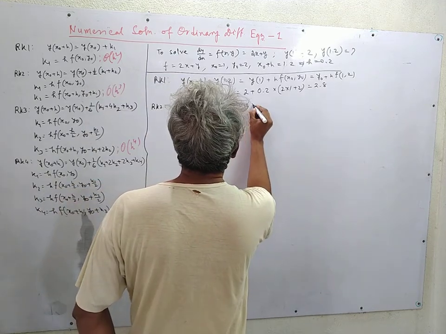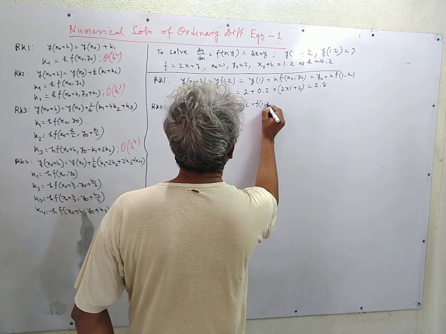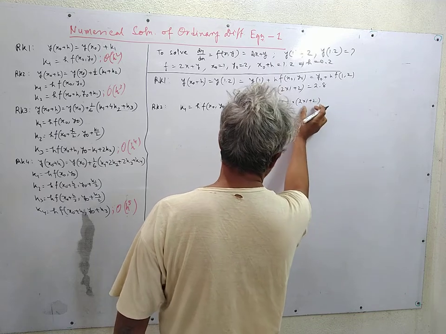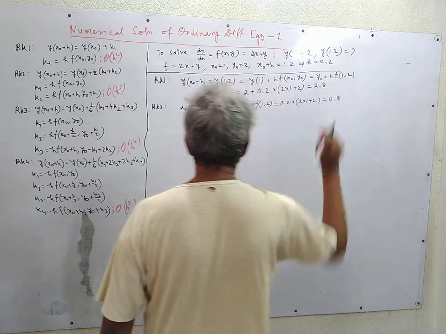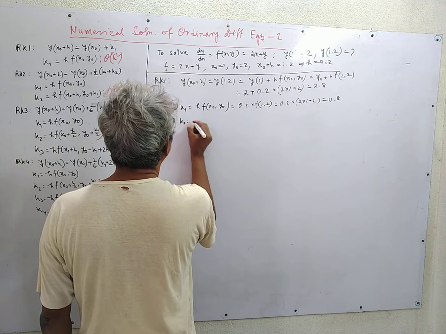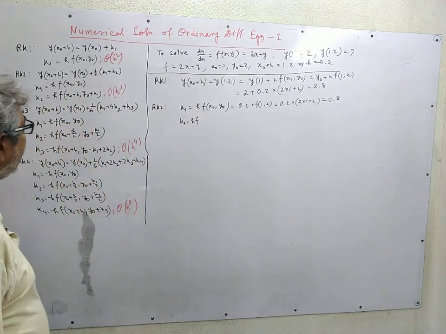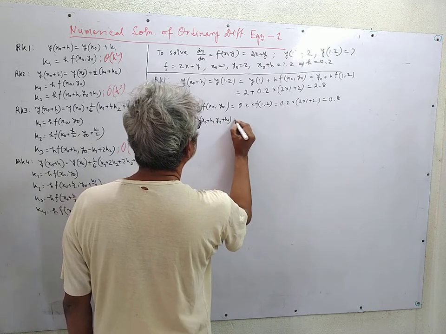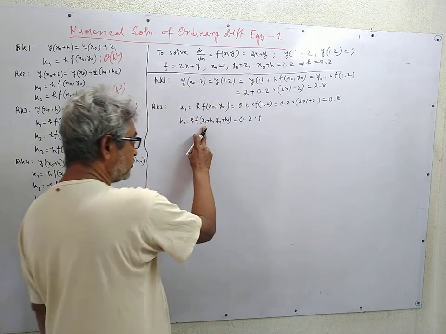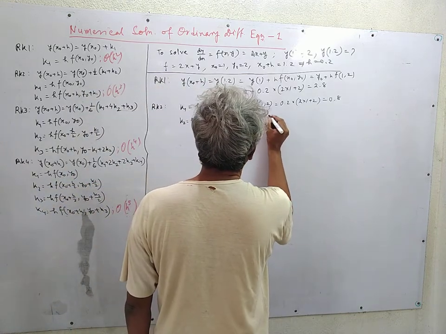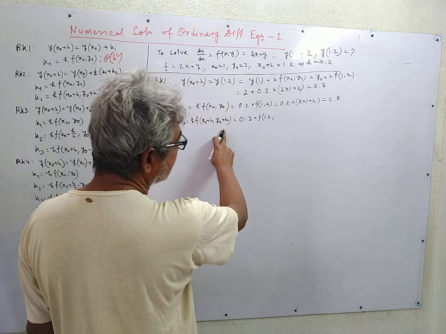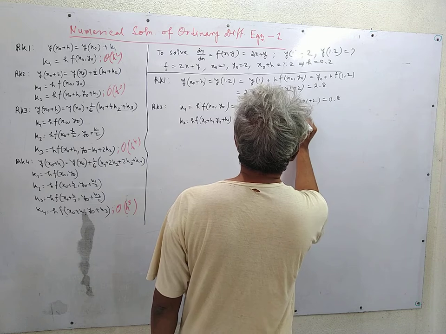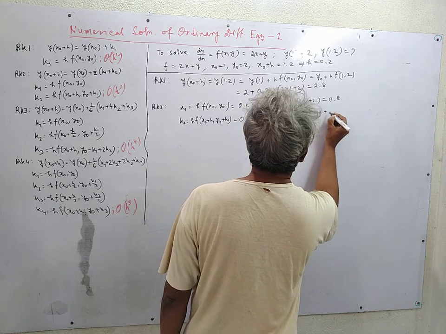So this is 0.2 times f of 1, 2, which we have evaluated: 2 into 1 plus 2, this is 4, 4 into 0.2 is 0.8. Then k2 is h f of x0 plus h, y0 plus k1. x0 is 1 and h is 0.2, so this is f at 1.2, and y0 is 2 and k1 is 0.8, so the value is 2.8, that is 2 into 1.2 plus 2.8.